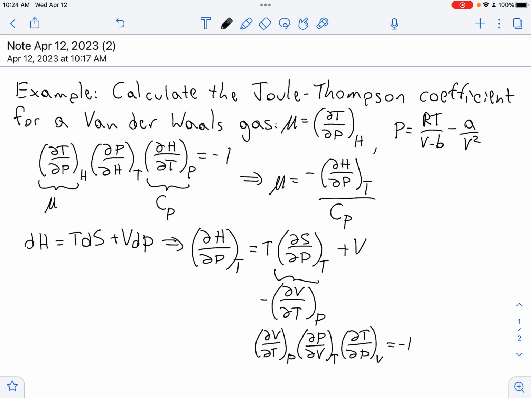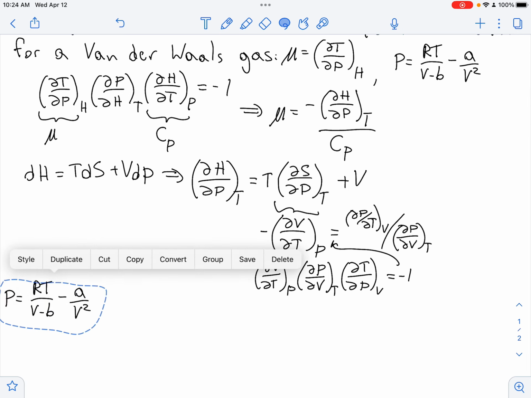And so what this means is that this term is equal to dP/dT at constant V divided by dP/dV at constant T. So we can solve for those things by taking derivatives of this expression. Let me copy it over, with respect to T and V.